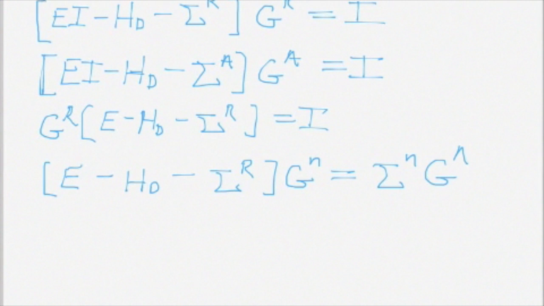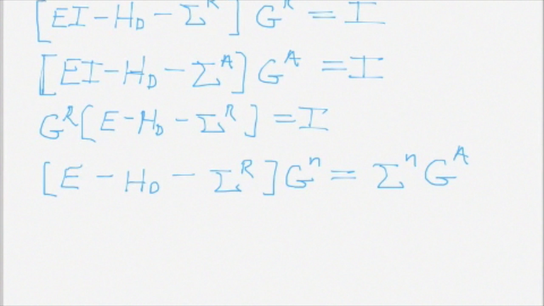When it's written like that, that's called the equation of motion for G_n. This thing on the left is GR inverse. So if we multiply through by GR, we have exactly what we wrote for the equation for Gn.